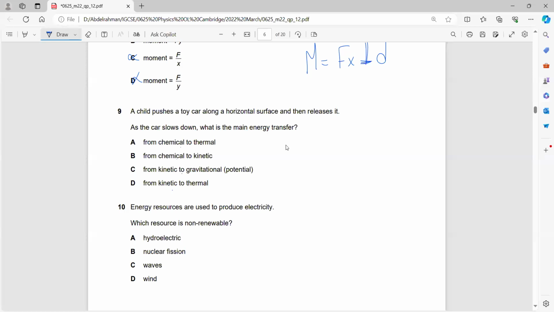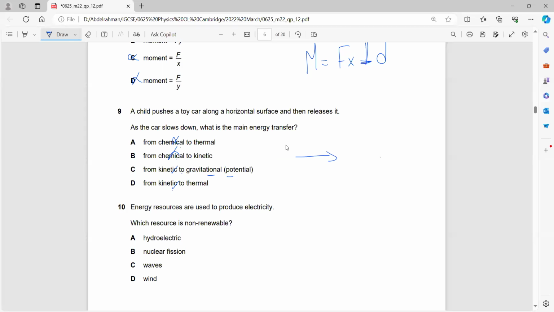As it's slowing down, the car was initially moving, and then it starts to slow down. Initially, it had chemical, you can't say definitely it didn't have chemical. It did have kinetic because it was moving. Okay, the kinetic, would it be transferred to gravitational potential energy?